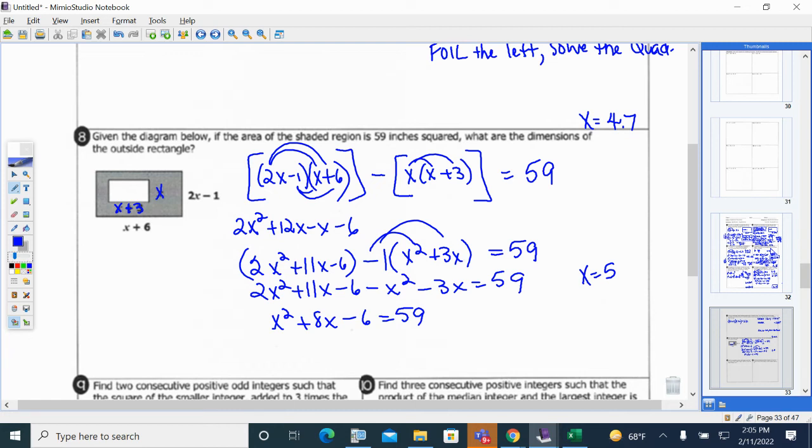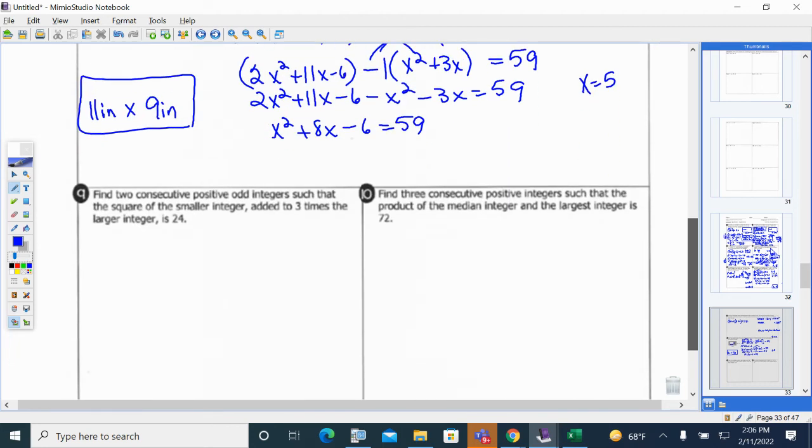So the dimensions of the outside rectangle should be 11 inches by 9 inches. That should be your final answer for number 8 once you solve that quadratic.